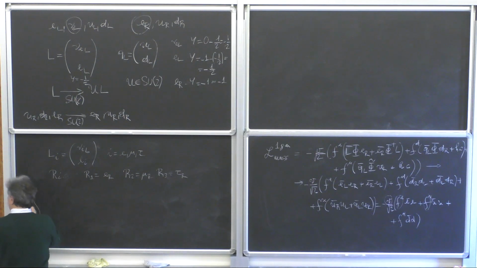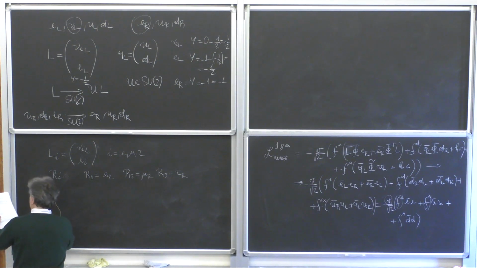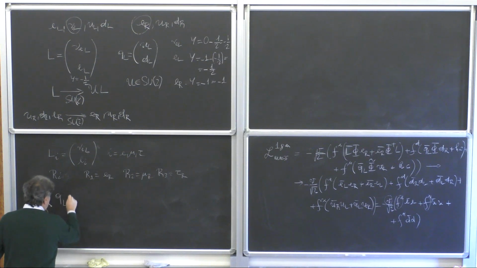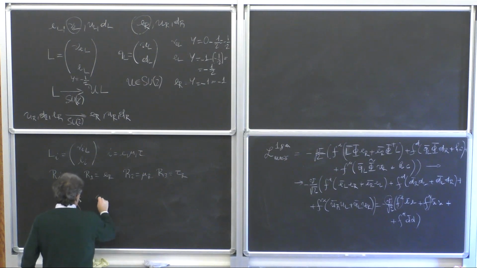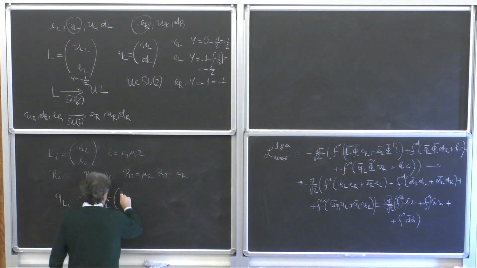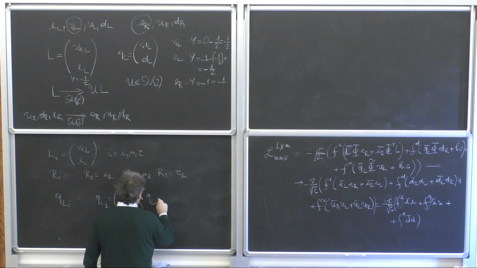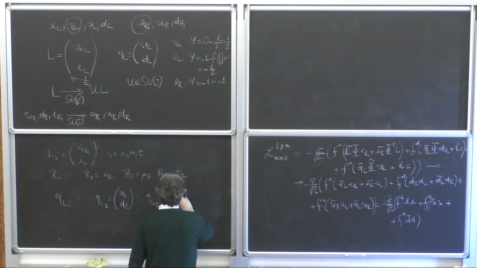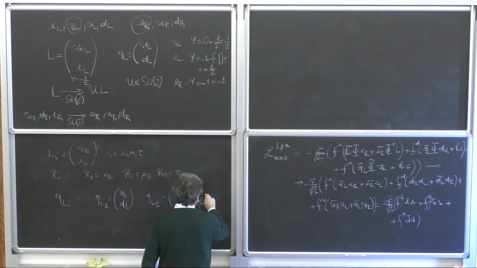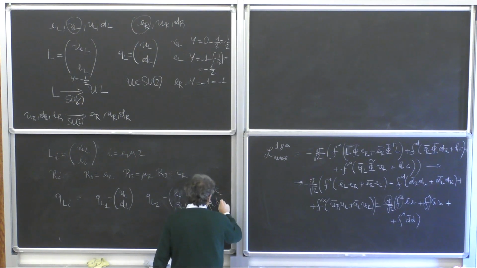And for quarks, we have Q_L, and we put an index i, with Q_L1 up, down quark, Q_L2 are c, s obviously, and Q_L3 top, bottom, left.